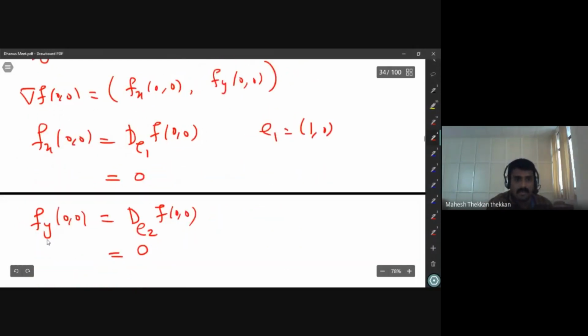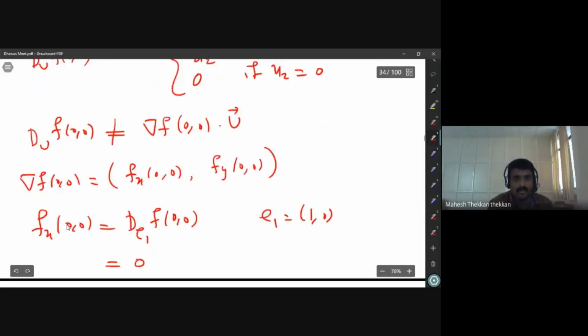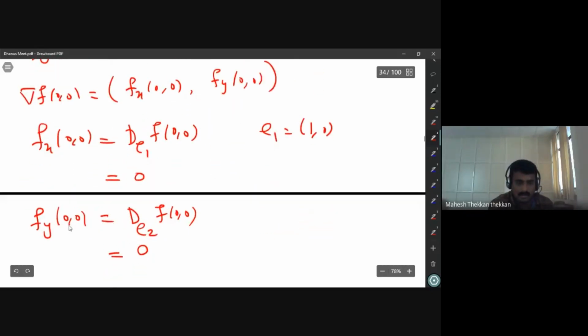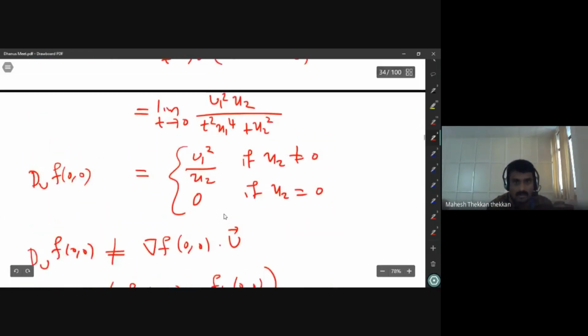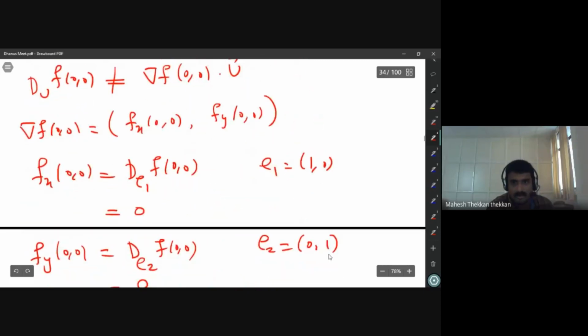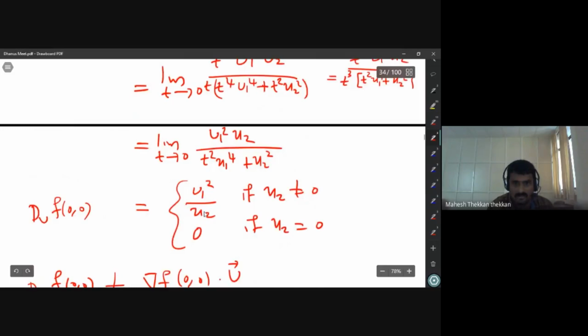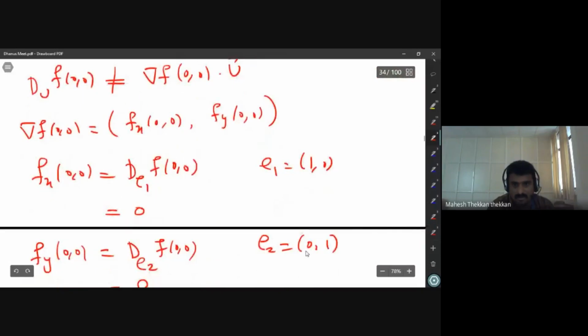Now if you take fy at 0, 0, that is nothing but the directional derivative of f in the direction of e2. What is our e2? e2 is 0, comma 1. Okay. So now you go there, e2 is 0, comma 1. Here the u2 term is 1, that is not equal to 0, so it belongs to the first case. Then there u1 square by u2 is our directional derivative. What is u1 here? It is 0.